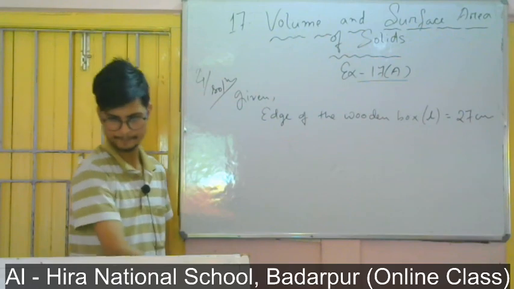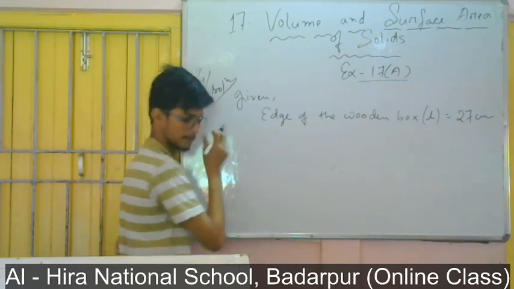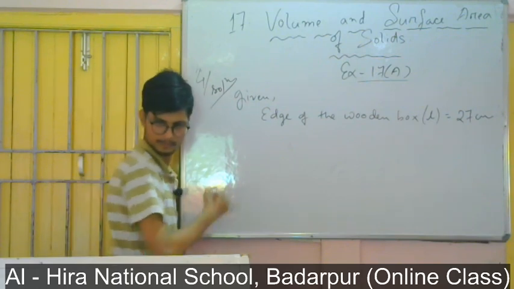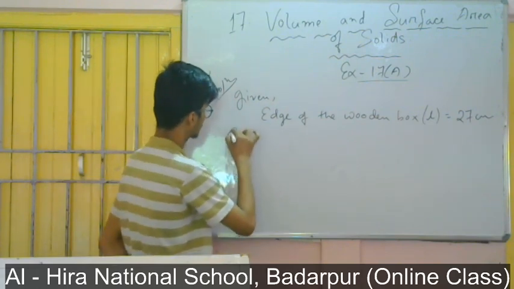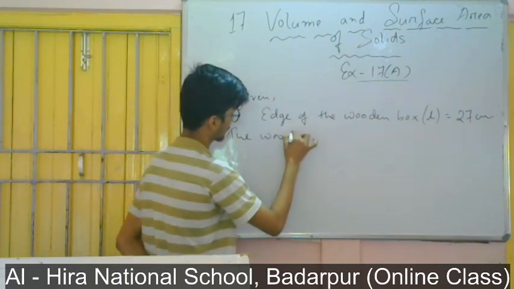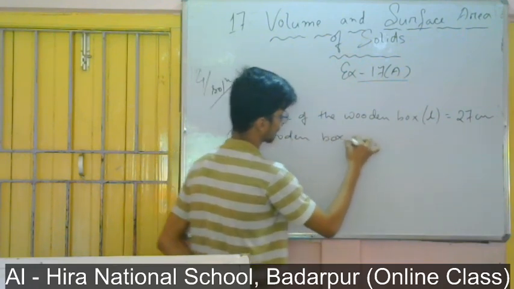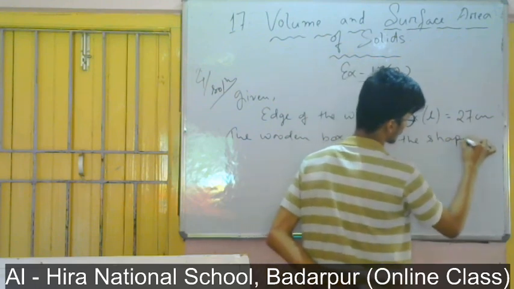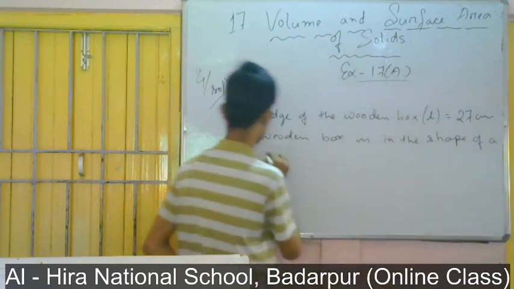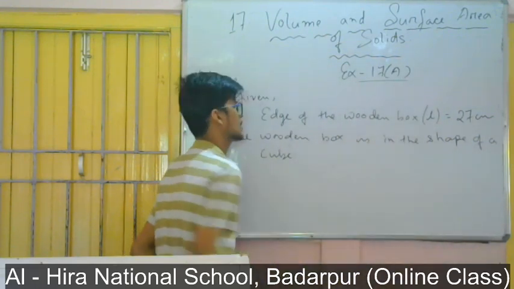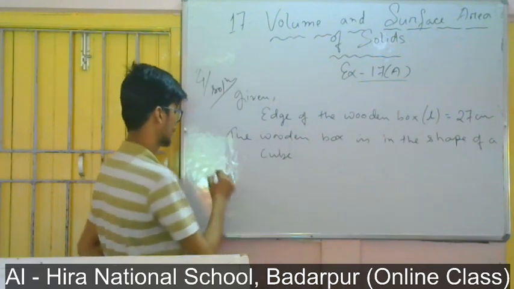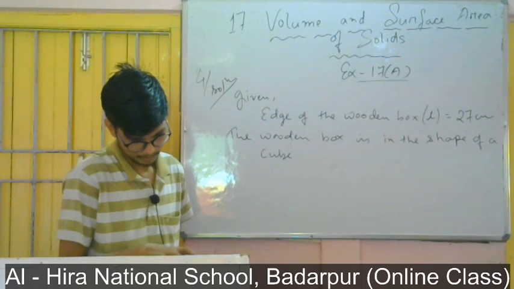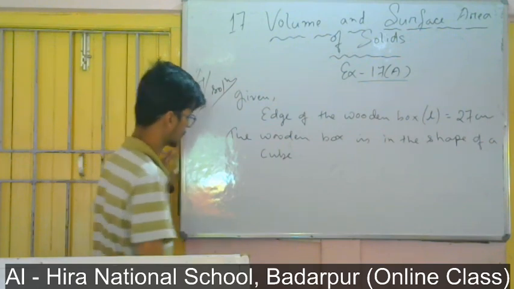You write here L equals 27 centimeter. It is given that the edge of the wooden box is 27 centimeter. Since the wooden box is in the shape of a cube, and the question is to find the surface area, find the surface area of the wooden box.